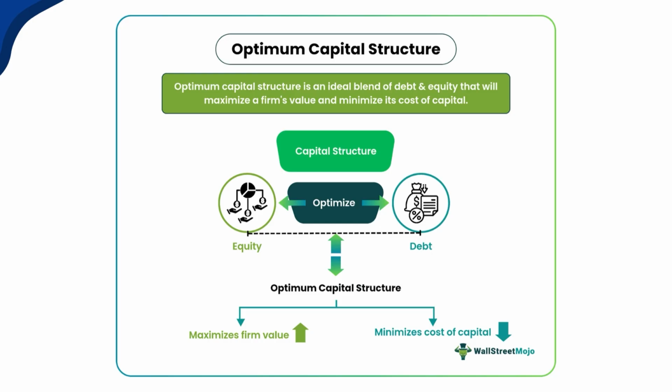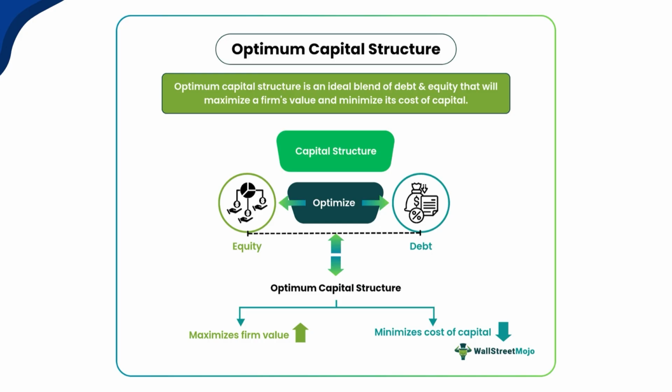They have the equity, which is the money from shareholders or owners, and debt, which is the borrowed money or loans. In the center, it shows optimize, meaning the company needs to find the right balance between equity and debt.